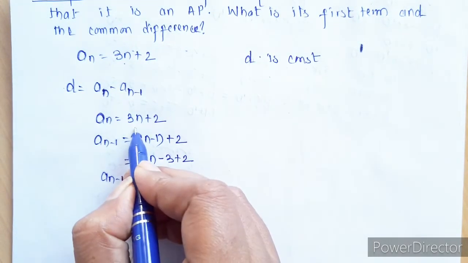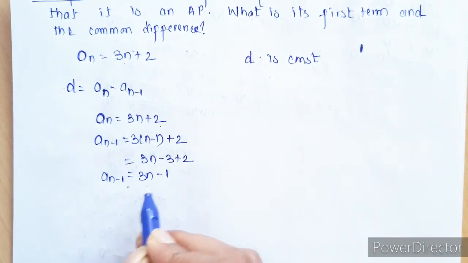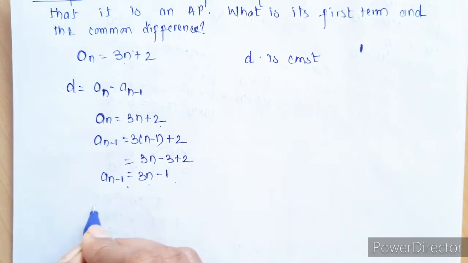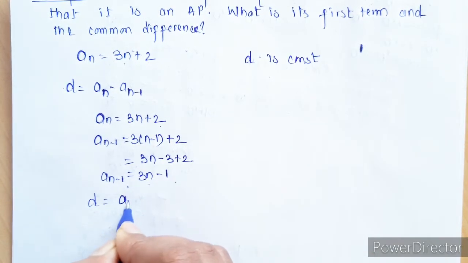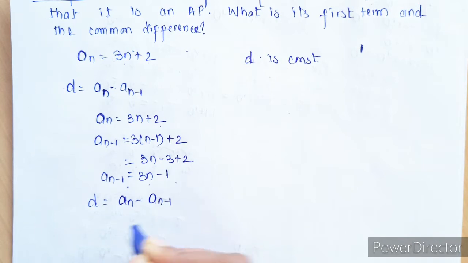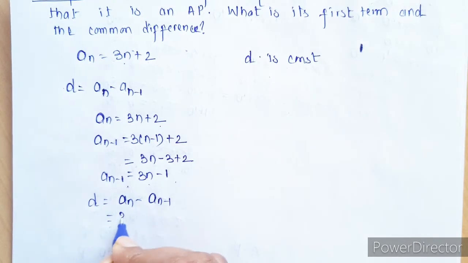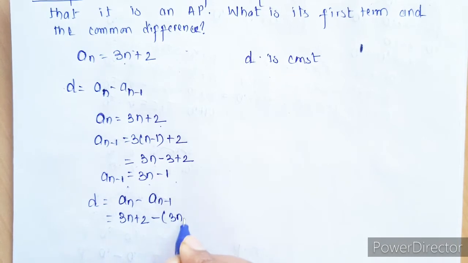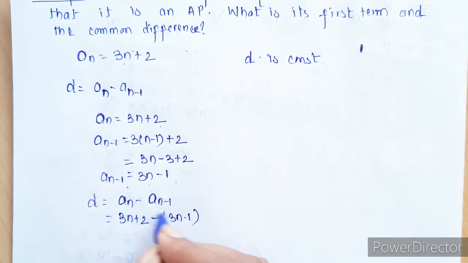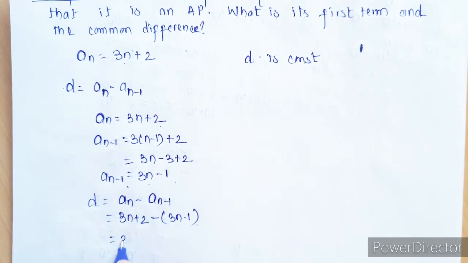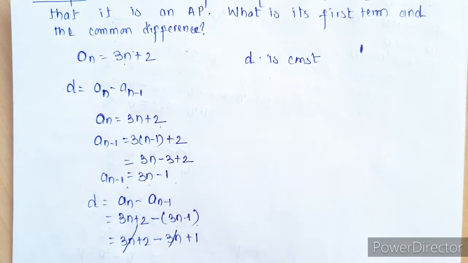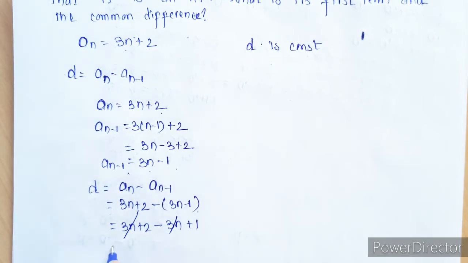So an is 3n plus 2 and an minus 1 is 3n minus 1, and our difference is an minus an minus 1. Just substitute: 3n plus 2 minus 3n minus 1. Simplifying, the 3n terms cancel, and what we get is 2 plus 1, that is 3.